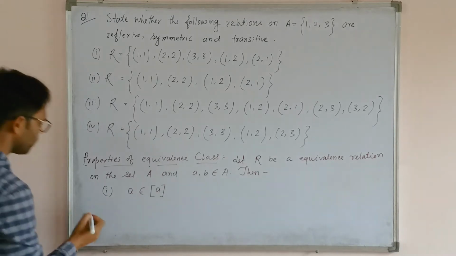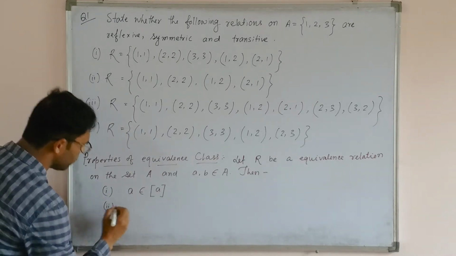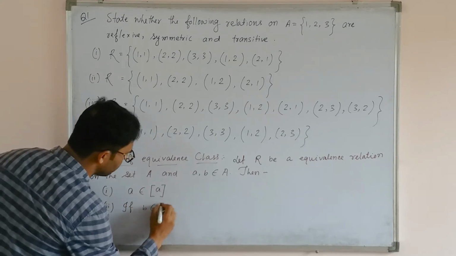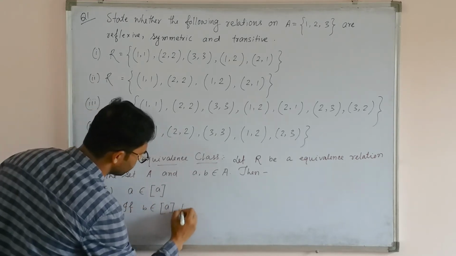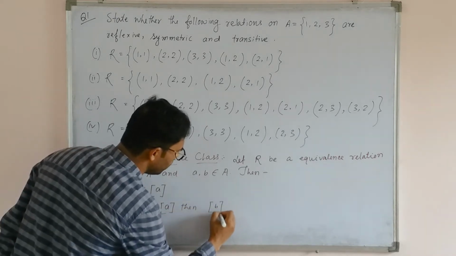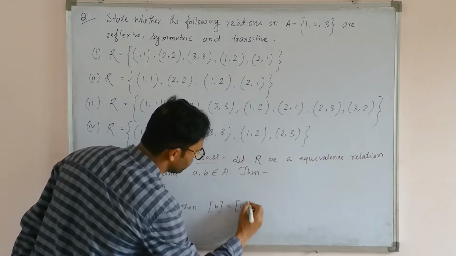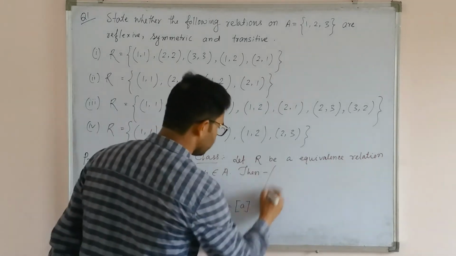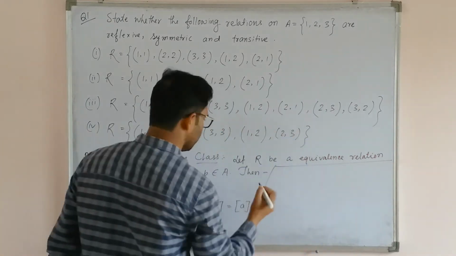You know that one. Now the second property is, if b belongs to the equivalence class of a, then you will see that the equivalence class of b must be equal to the equivalence class of a. This is another property. Then I am writing here number 3.